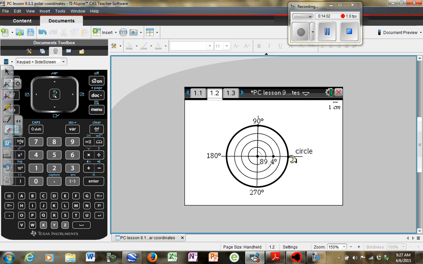So I could have gone 4 and positive 90 degrees. I could have gone 4 and negative 270 degrees to get up to here. I could have gone negative 4, negative 90 degrees to get there. I could have gone negative 4 and a negative 270 degrees to get there. I could have gone 4 and 360 plus 90 degrees.